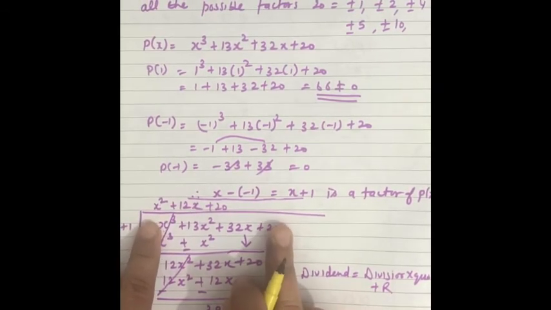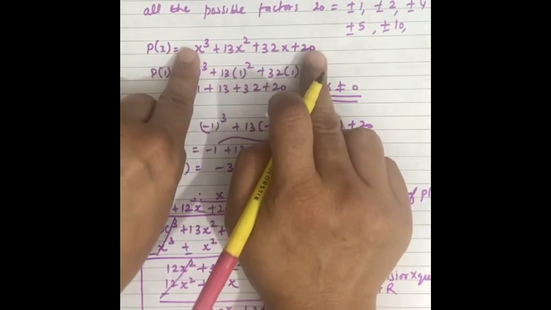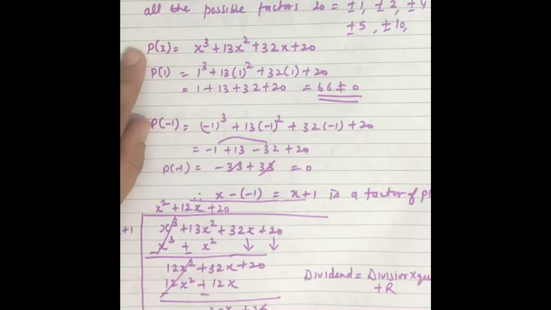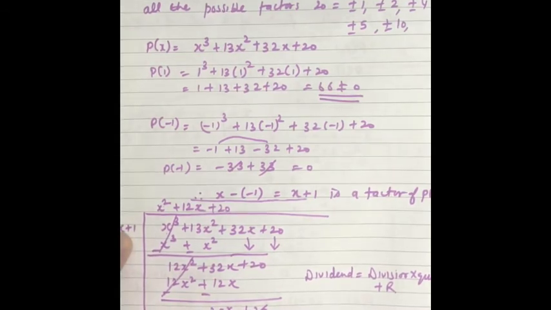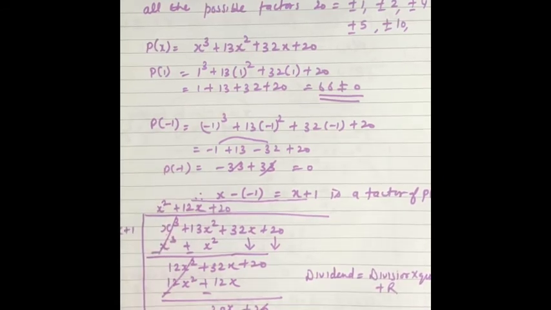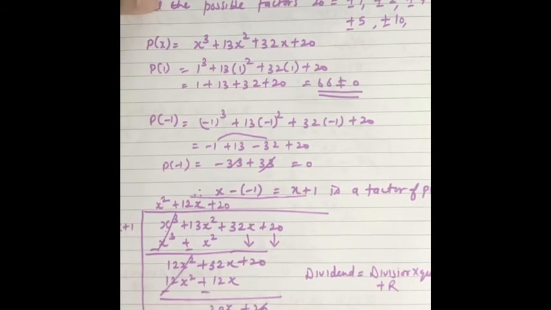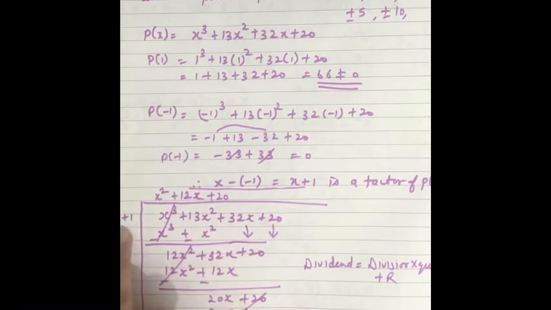Instead of writing the whole polynomial, I'll write here p(x). Therefore, p(x) is equal to divisor x plus 1 and quotient x square plus 12x plus 20, and remainder is coming as 0. Last line is clear, I think. This dividend is equal to divisor into quotient plus remainder.